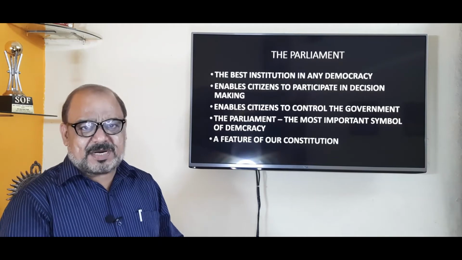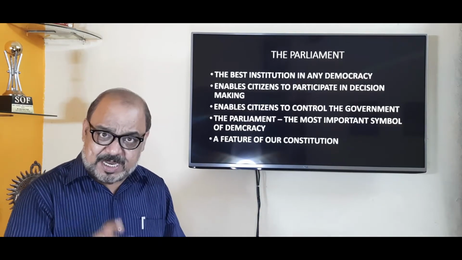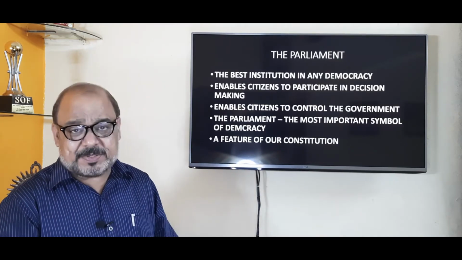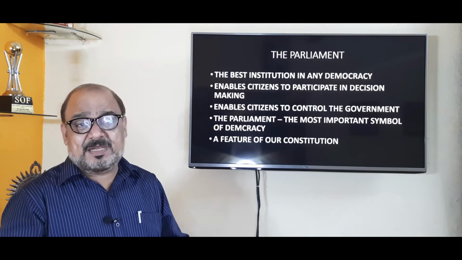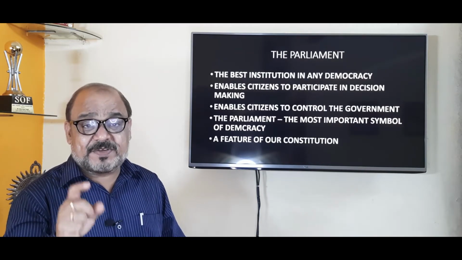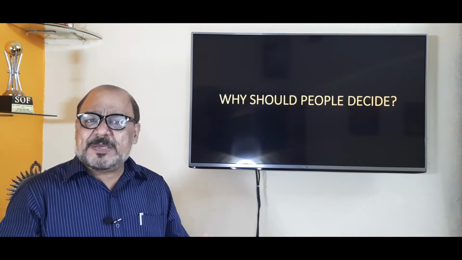The members in the Rajya Sabha are indirectly elected by people, and the members in the Lok Sabha are directly elected by people. So, the parliamentary form of government, or the parliament, is one of the features of the constitution of our country. Now the question is, why should people decide?